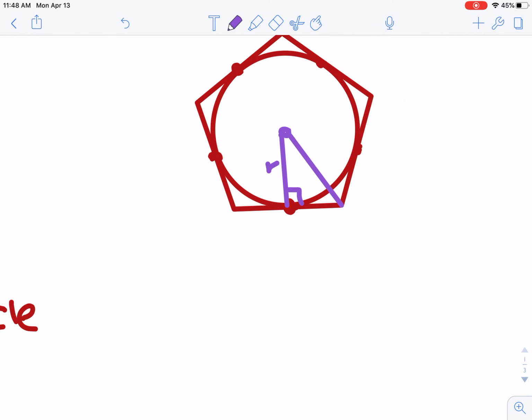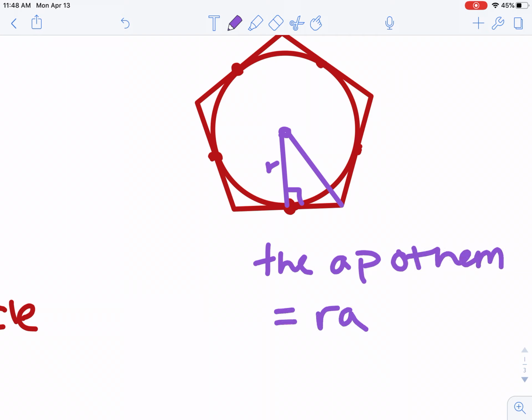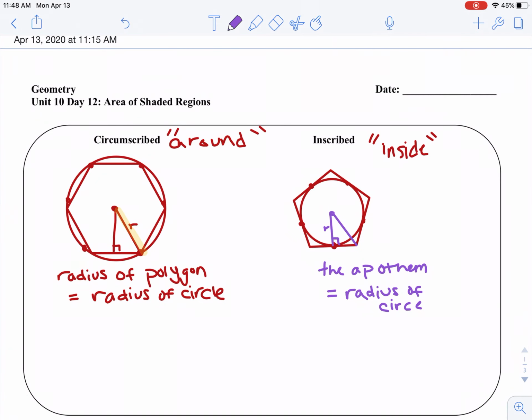So if the circle is inside, the apothem is equal to the radius of the circle. So you really have to be careful when you're figuring out the area of the circle and you're using the radius. You have to identify which distance is the distance from the center to the circle.